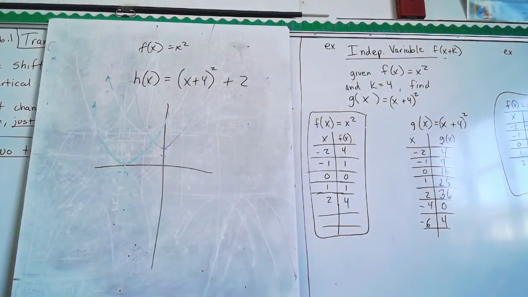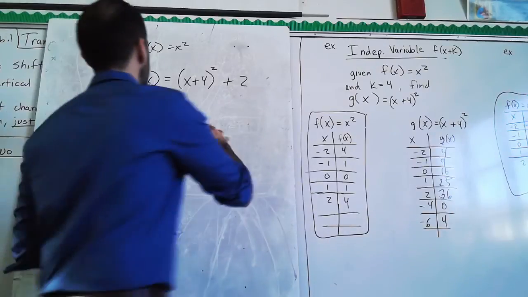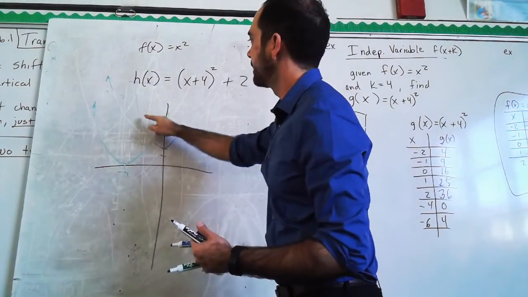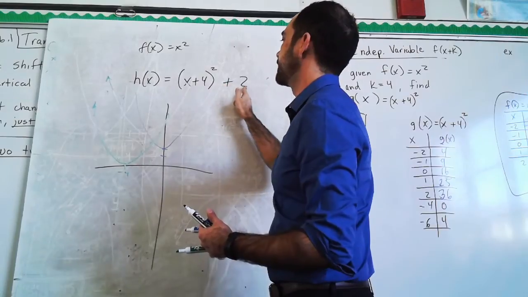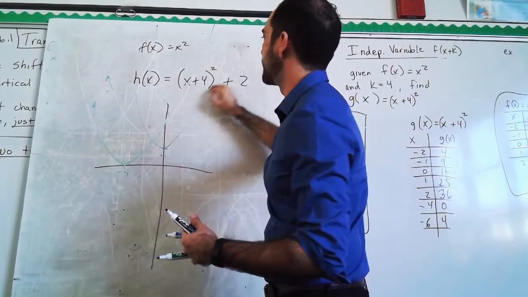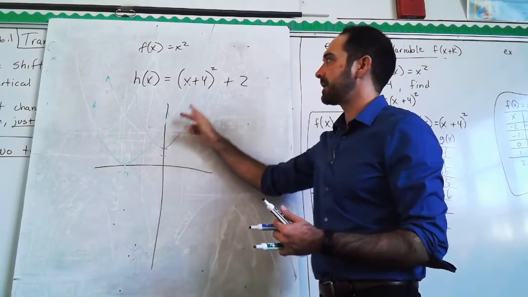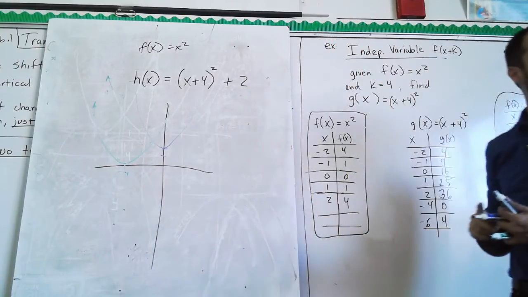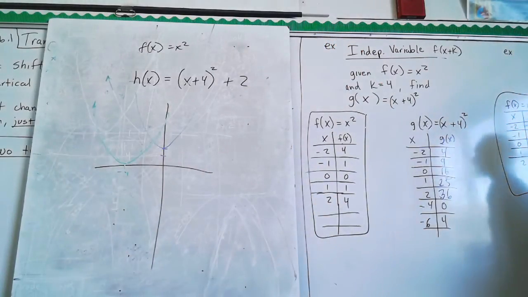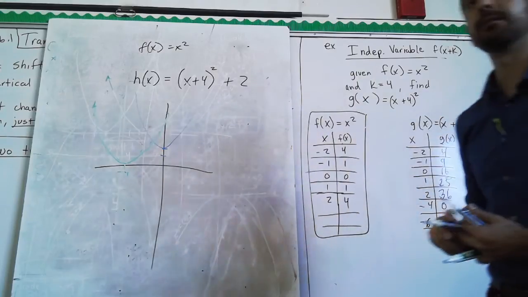So together, where do you think I'm going to have to place this graph? This is kind of like a little next level. So the blue graph here was if this was just x squared plus 2. The green graph is if this was just x plus 4 squared. So we have those two graphs right here. How about when they're both together? Where's the vertex going to be? Maybe that's the question I can ask.